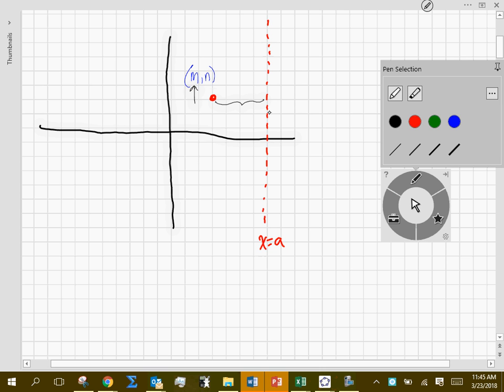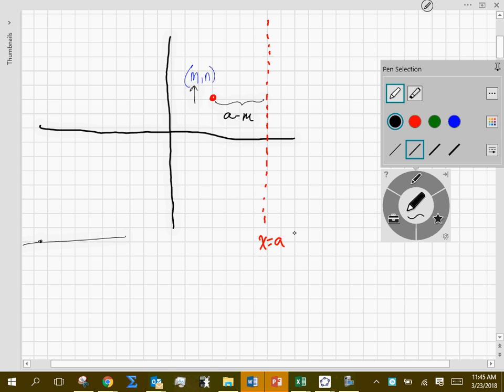So we see that to find distance anywhere on the x-axis, or between any two numbers on a number line, you just subtract them, right? And we know in this case a is to the right, so I'm going to put that one first because it's going to be the larger value. In the grand scheme of things, it really doesn't matter. But this distance here would be a minus m.